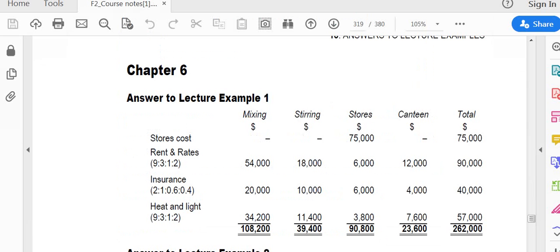Once you have apportioned, you total them up. So the mixing is now 108,200, stirring 39,400, stores 90,800, the canteen 23,600.